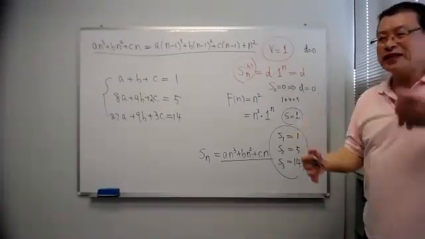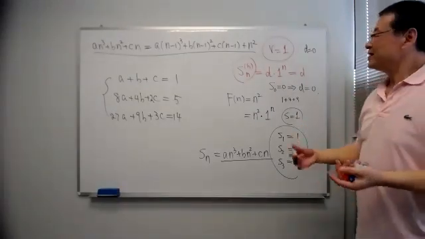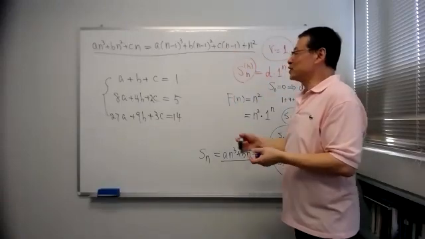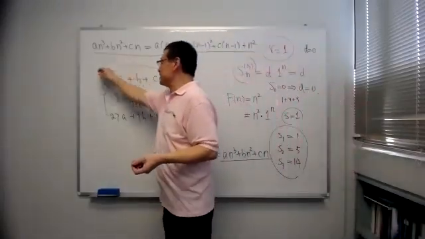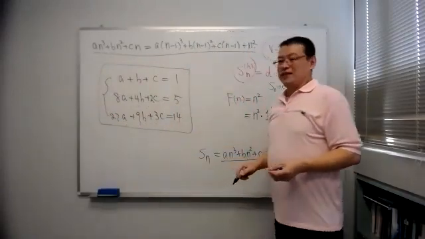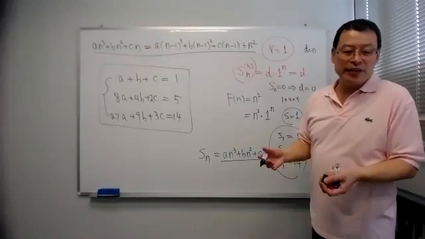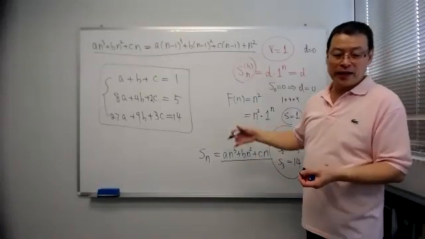Instead of doing algebraic manipulation here, what we need to do is solve the system of linear equations. Use Gauss elimination or whatever method you use. It can be done.